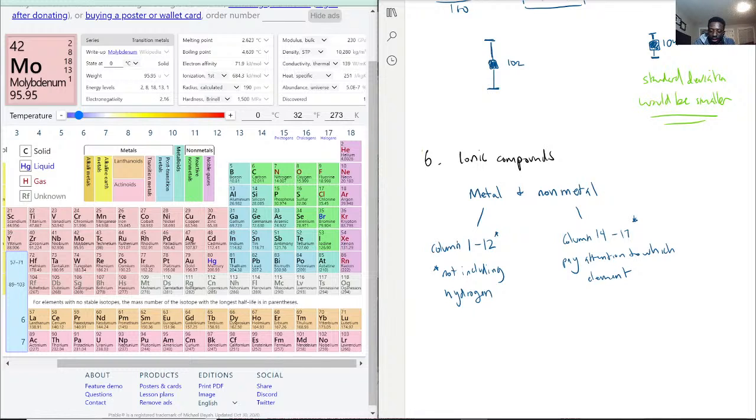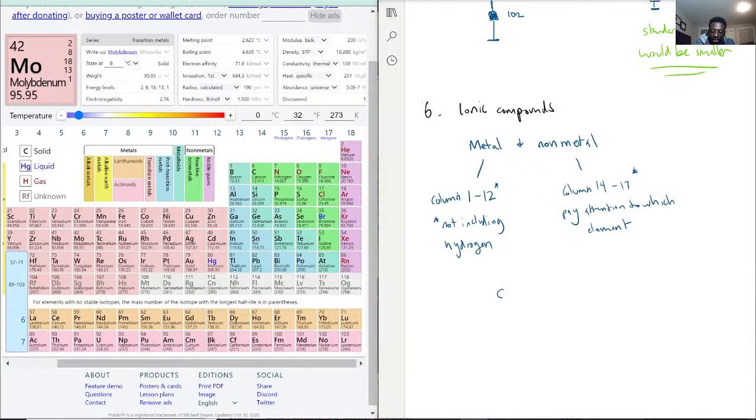For example, if I said CH3COOH, this whole thing is not an ionic compound because you notice it only has carbon, hydrogen, and oxygen. But if I said it was CH3COONa, this is now an ionic compound.